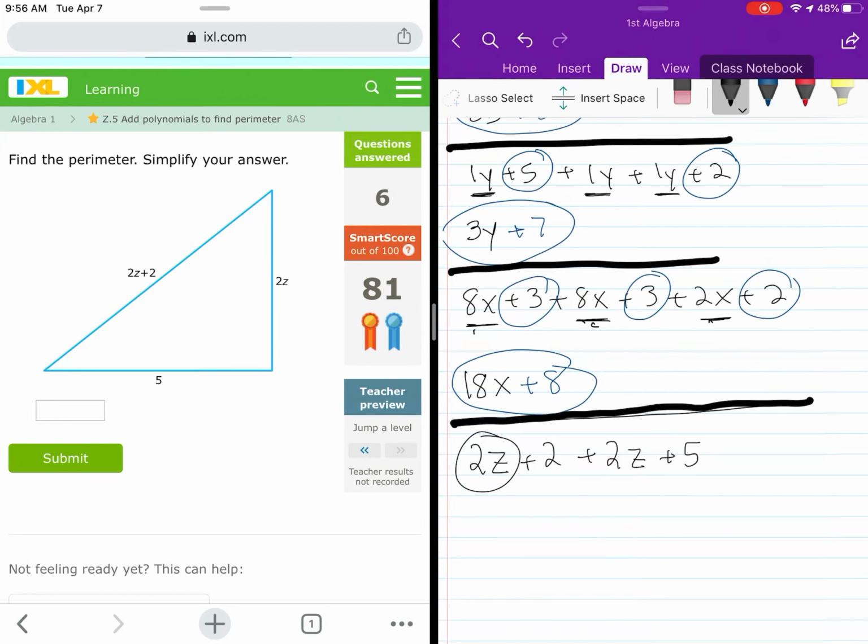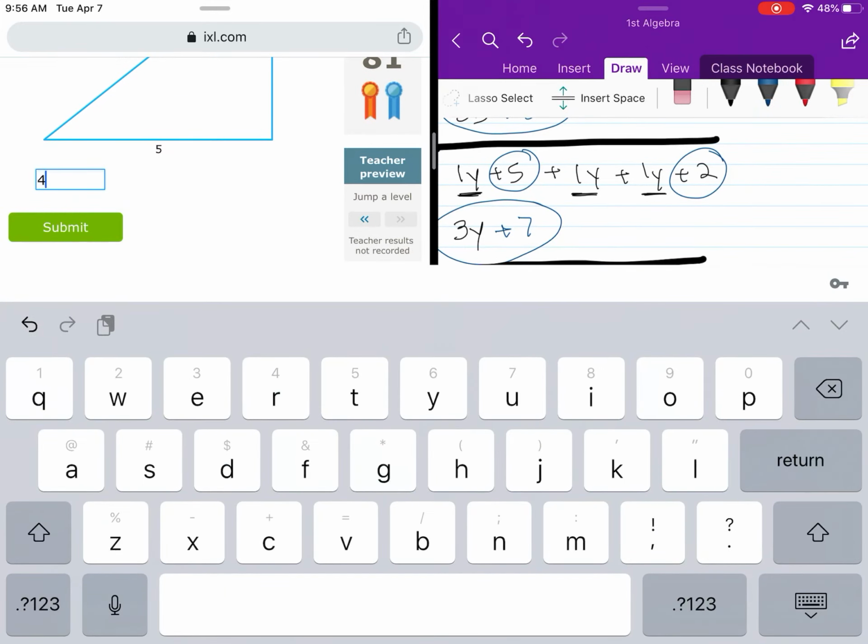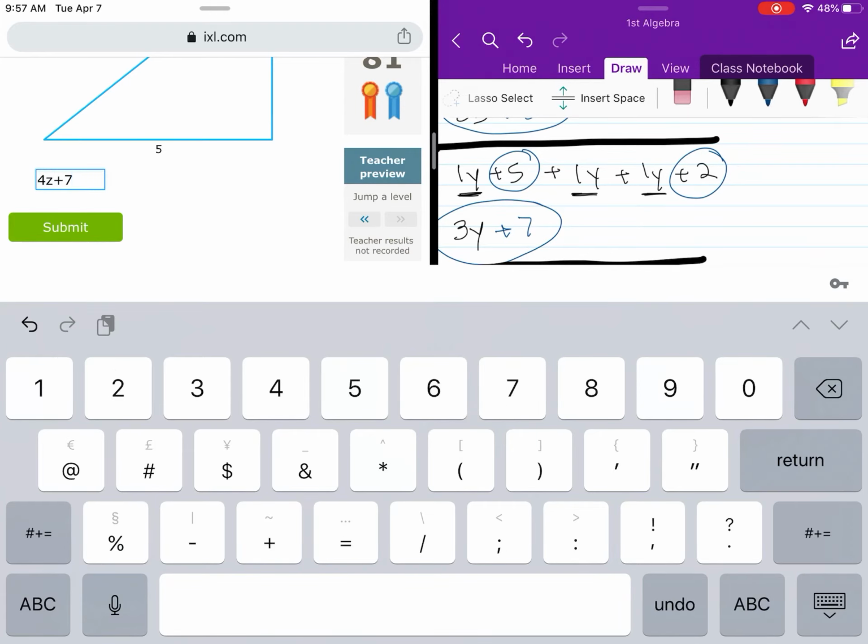So I'm going to have 2z and 2z. Add them. That is 4z. And then I have 2 plus 5. Both positive, so that's plus 7. So 4z plus 7.